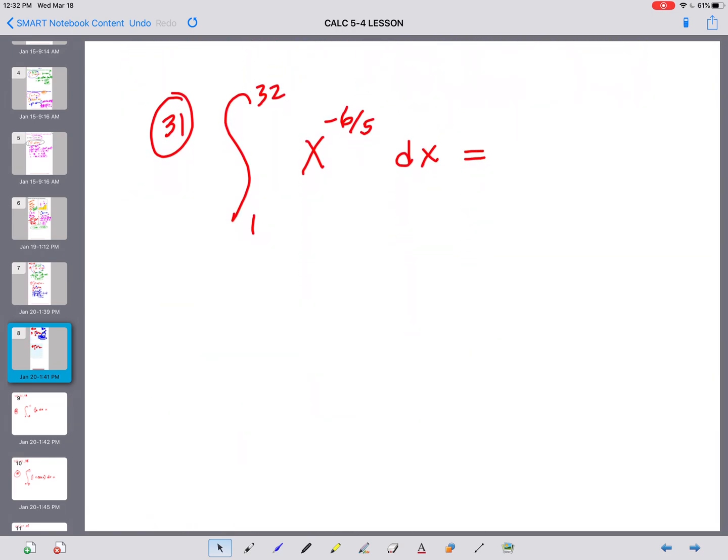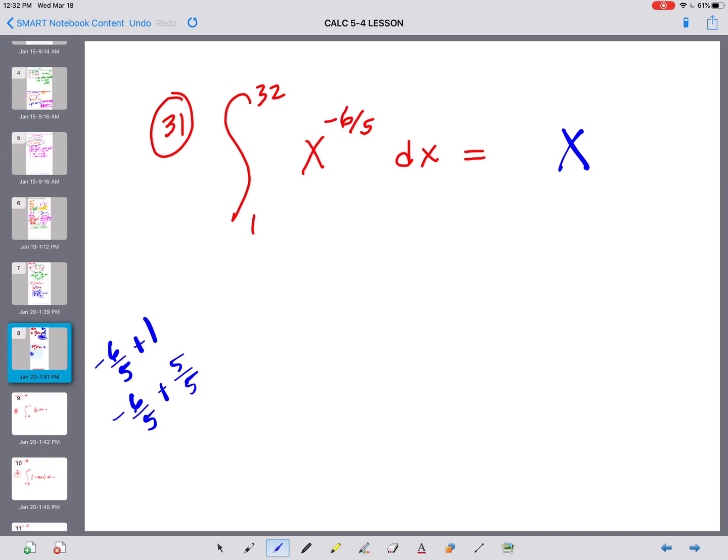Okay, number 31. Here we go. Now, be a little tricky on this. We need the antiderivative of x raised to the -6/5 power. So I know it's going to be a power function, and it's going to be a number 1 bigger than -6/5. So here we go, -6/5 plus 1. I like to write the 1 as 5/5.